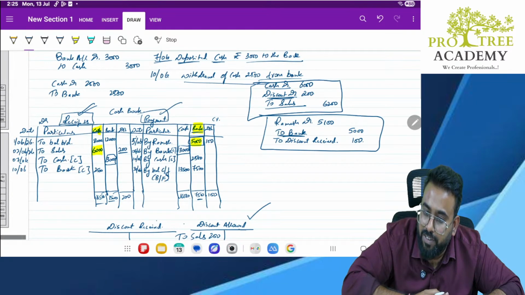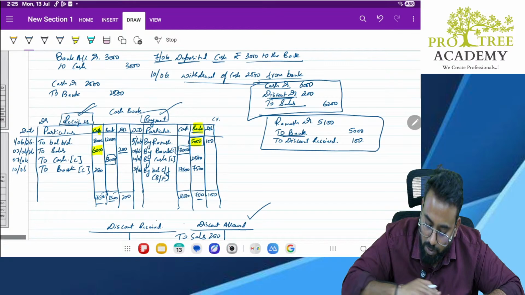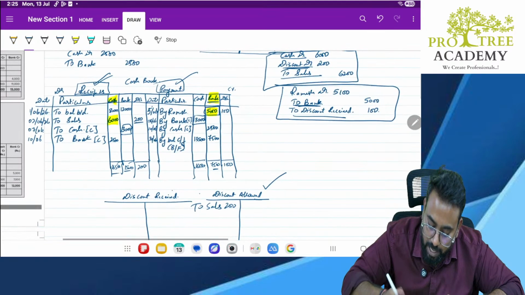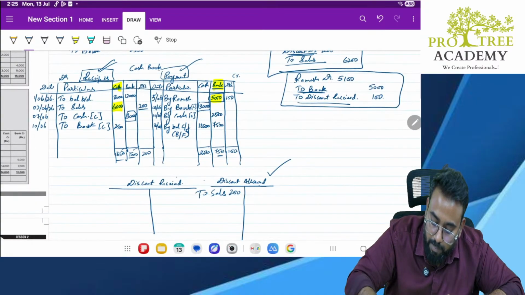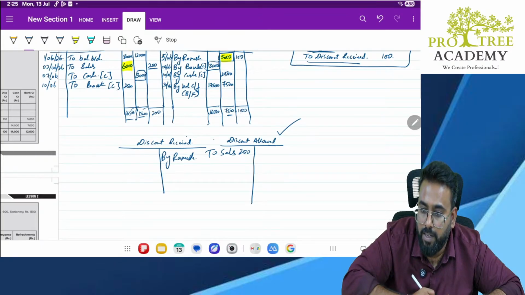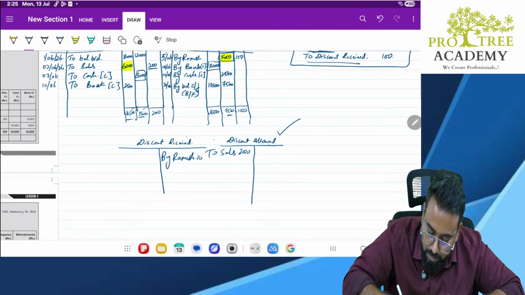Next. Is this discount received account, income account? Correct or no? Now discount is credited or debited? Credited. So we have to start on the credit side. By Ramesh we can write. Clear? Here how much amount? 100.